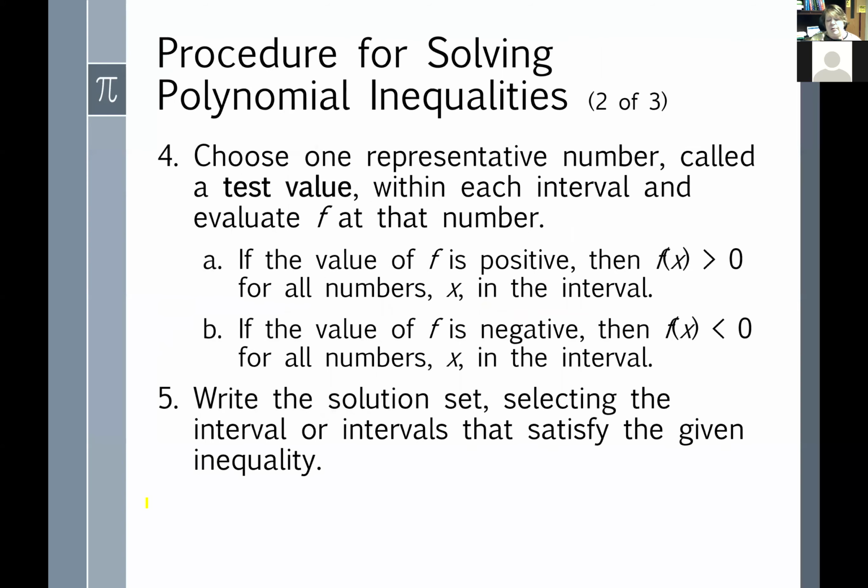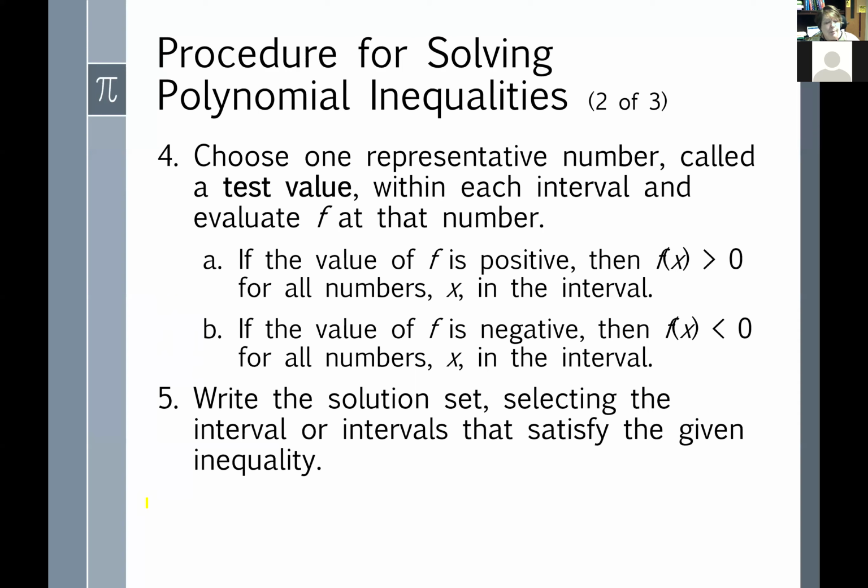Then you're going to choose one representative number, called a test value, in each of these intervals. And what is true is this: if for your test value the function is negative, it is negative for every value in that interval. If it's positive, then it's positive for every value in that interval.